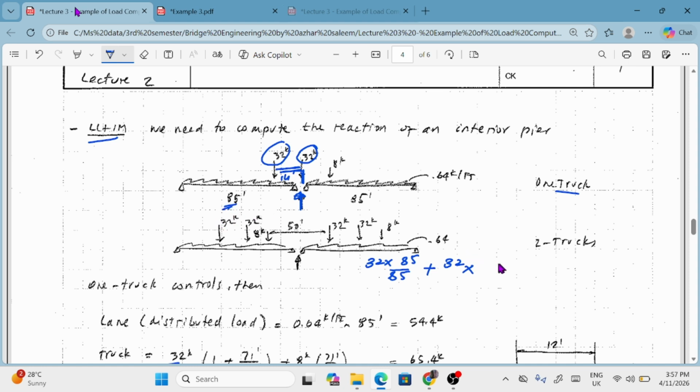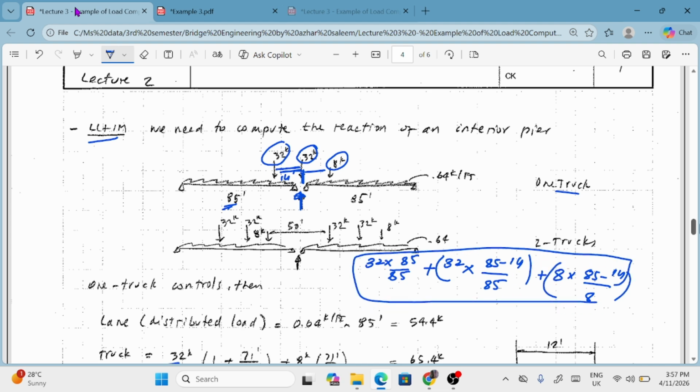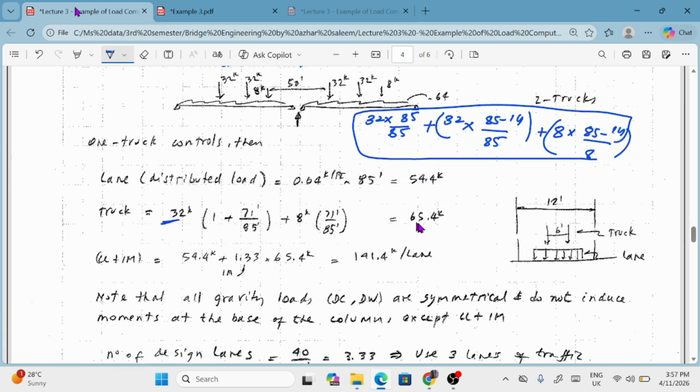This is the second load calculation. And this 8 weight is plus 8 multiplied by negative 14 feet, divided by 85. If you calculate this as a whole, it becomes 65.4 kip.